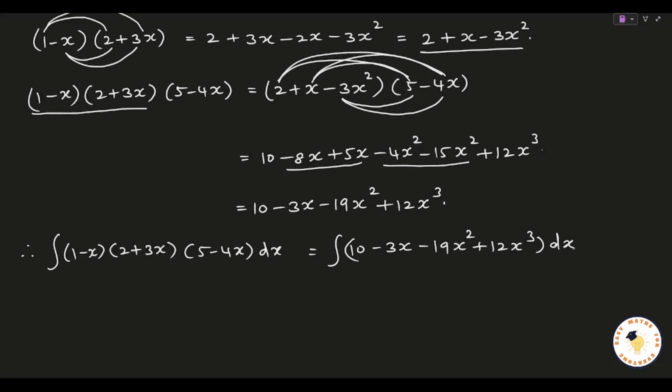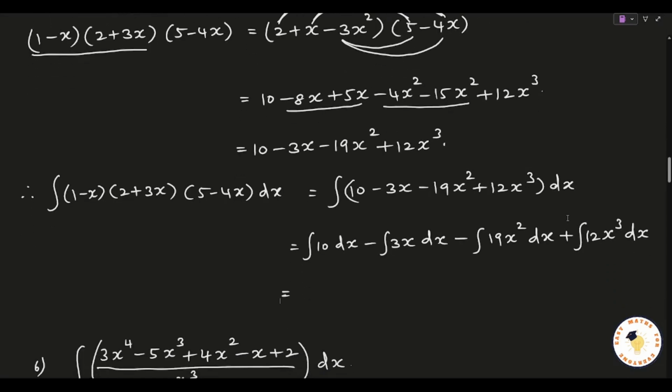Now splitting this into individual integrals, we get integral 10 times dx minus integral 3x dx minus integral 19x square dx plus integral 12x cube dx.